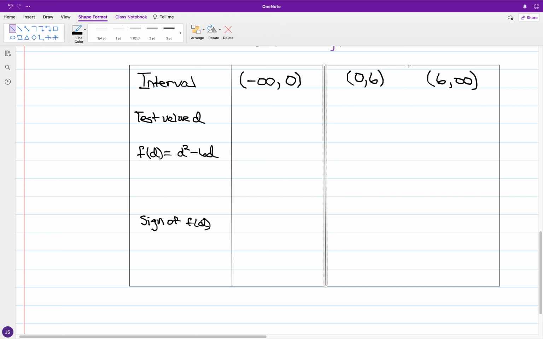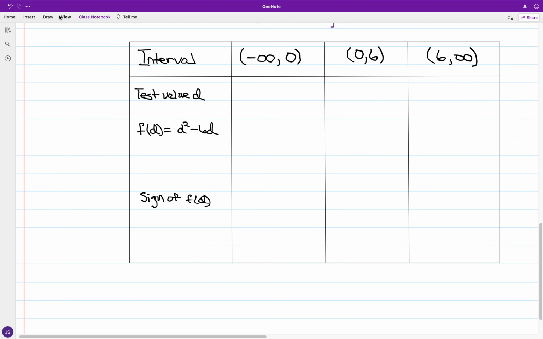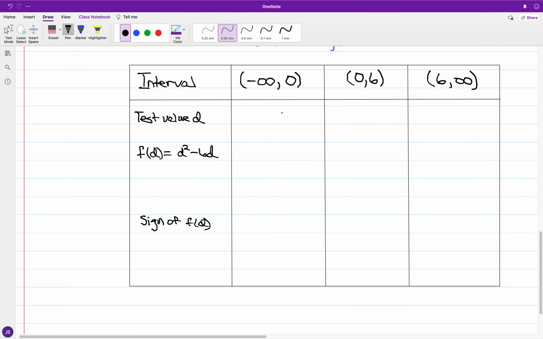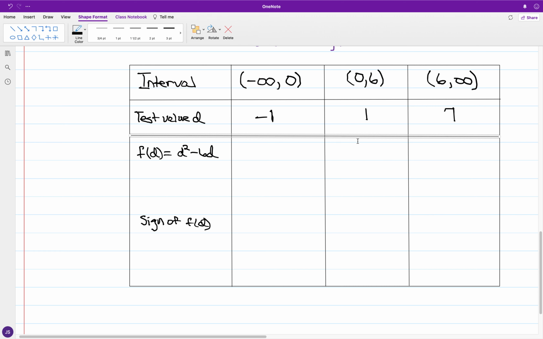First things first, for the test value d, for the first portion we have anything that is less than 0, so that's going to be any negative value. We might go with -1, and anything between 0 and 6 we can just go with the number 1, and anything greater than 6, we can just go with the number 7.